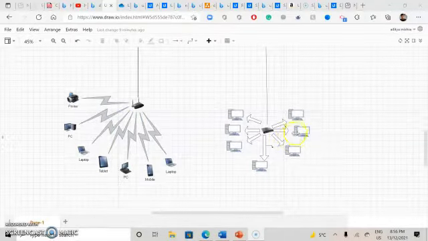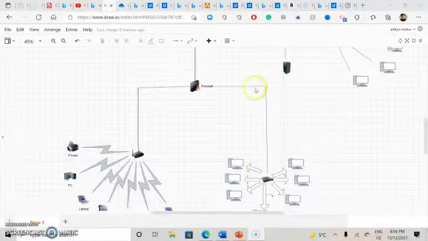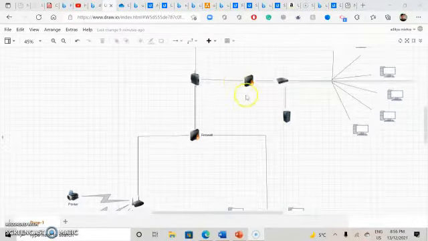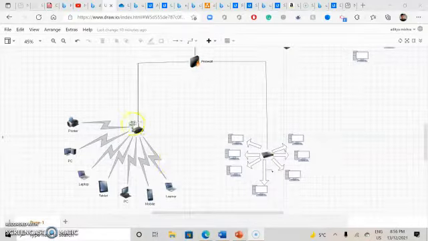In the workplace area, we have seven PCs, so it's divided and connected through a firewall, so it can access the server. I have given a different subnet mask to my wireless access point, so it helps in dividing the network.